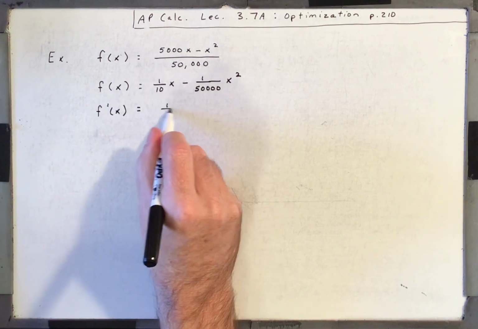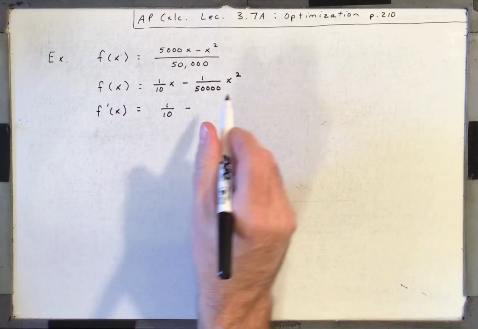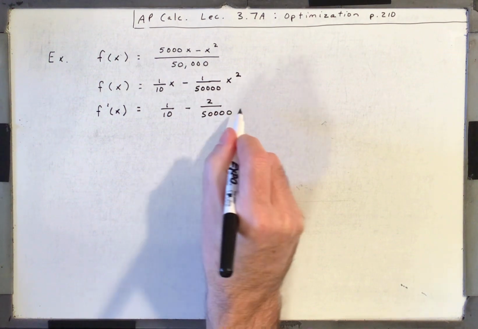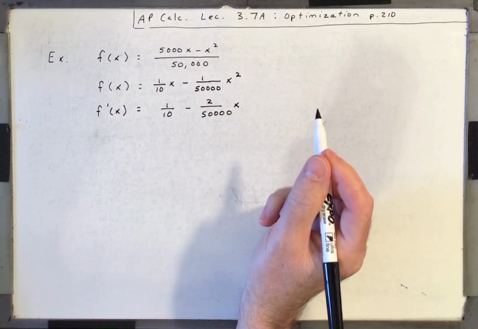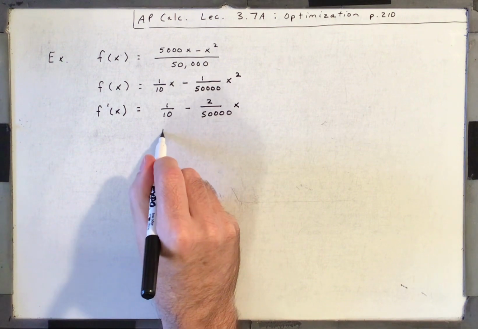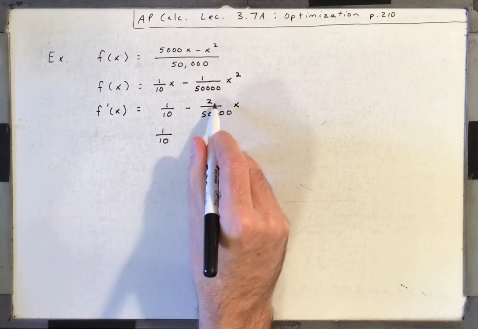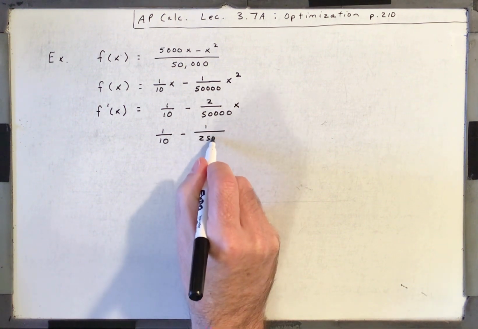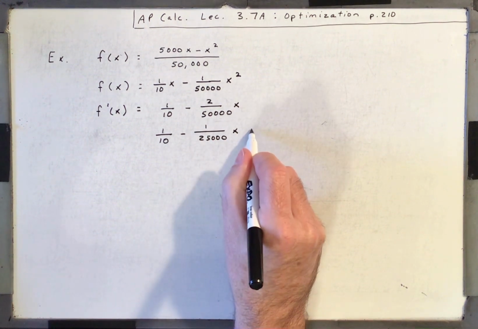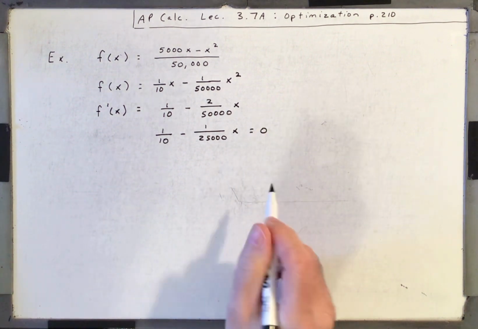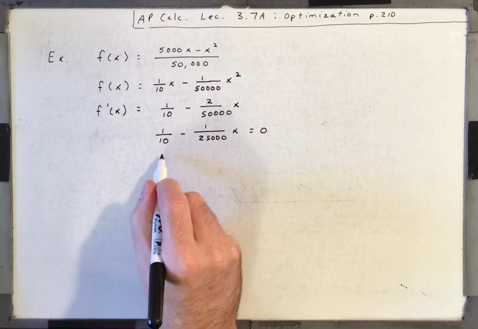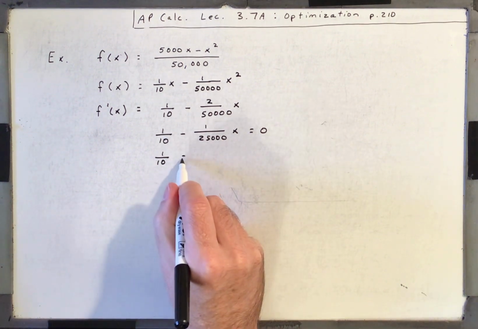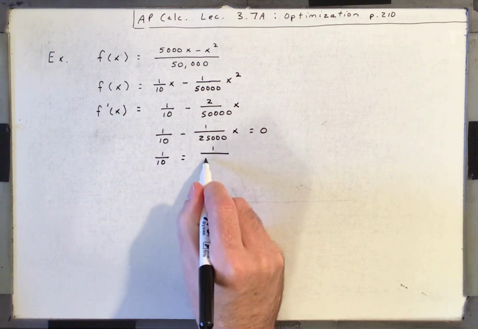That's going to be 1/10 minus 2 over 50,000 times x. Let's reduce that to 1/10 minus 1 over 25,000x. We're going to set that equal to 0 to find a critical point. So we'd have 1/10. Let's move the 1 over 25,000x to the other side, make it positive.